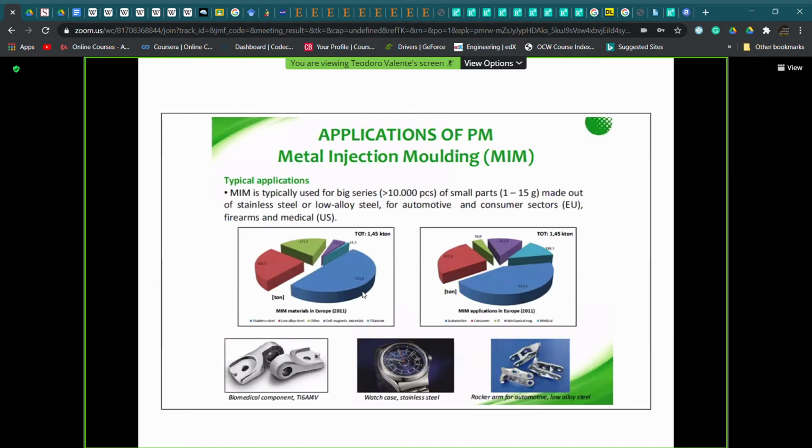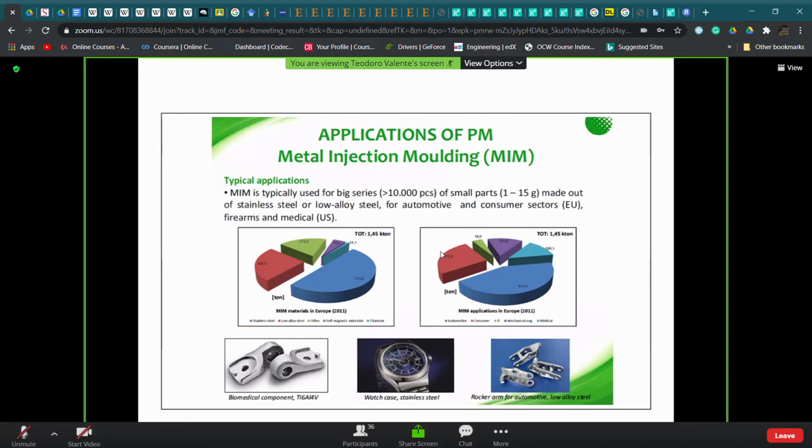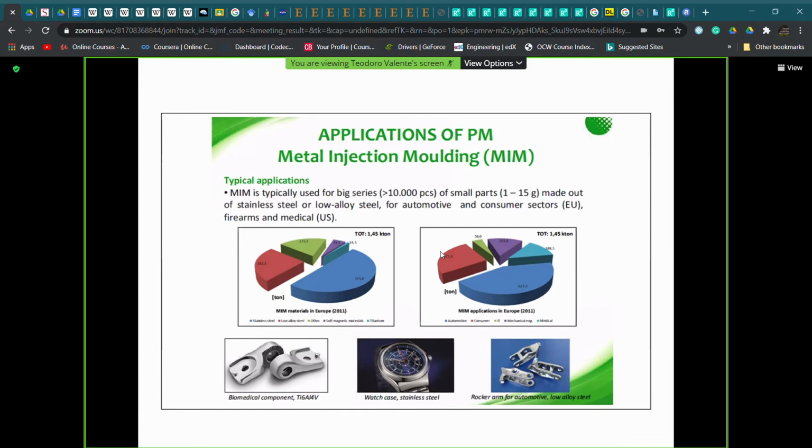Metal injection molding is usually used as fabrication technology for big volumes, for big series of small parts, and the most important materials which are used for these techniques are steel, essentially low alloy steels or stainless steel, for automotive application and for some other consumer goods.